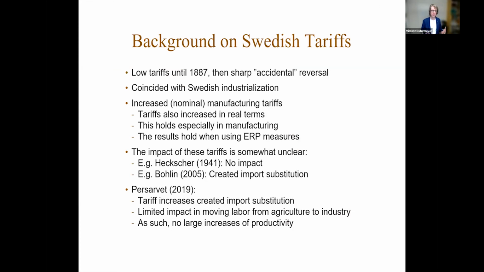As I said, Sweden was a typical case during the late 19th century. It had quite low tariffs going into the 1880s because it had joined the Cobden-Chevalier treaty network. But then in 1887, it first increased its agricultural tariffs by quite a lot. And then in 1892, it also increased its industrial tariffs by quite a lot.